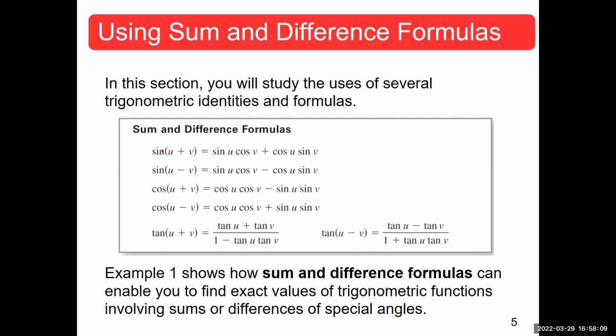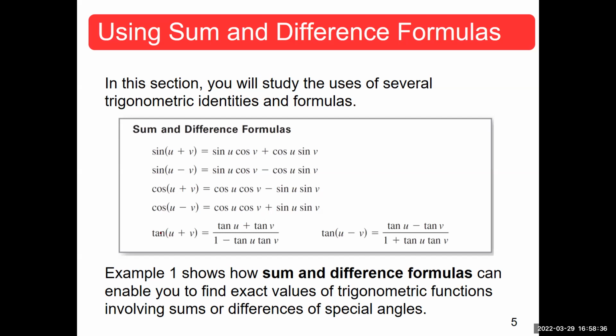This is basically if you're adding two angles or subtracting two angles and trying to figure out the sine, you have to split them up in a useful way. Tangent is more complicated. Tangent of u plus v equals tangent u plus tangent v over 1 minus tangent u tangent v.